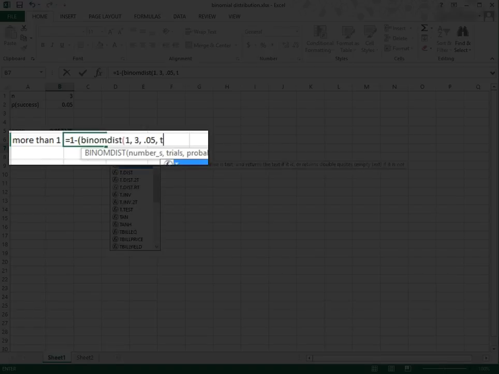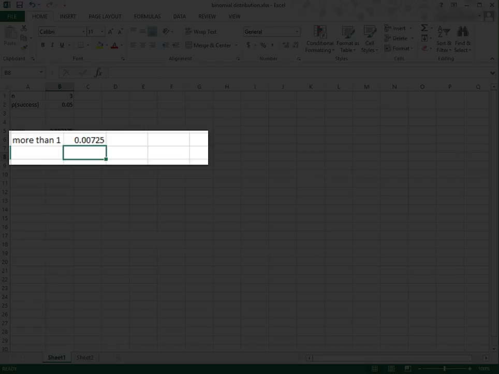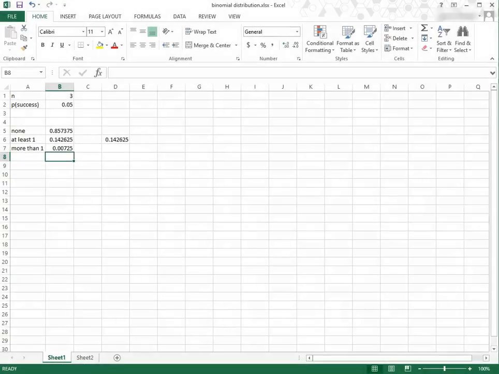And this will give us the probability that more than one products are returned. We arrive at an answer of 0.007. So therefore, it is not very likely that more than one product will be returned. In fact, it's slightly less likely than the probability of at least one product being returned, and much less than the probability of no products being returned.